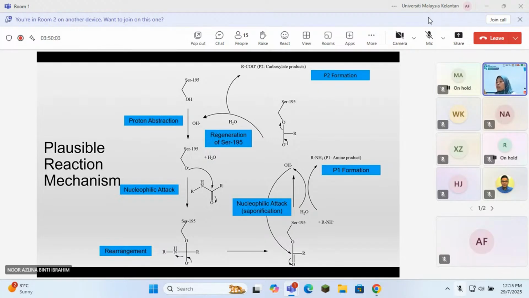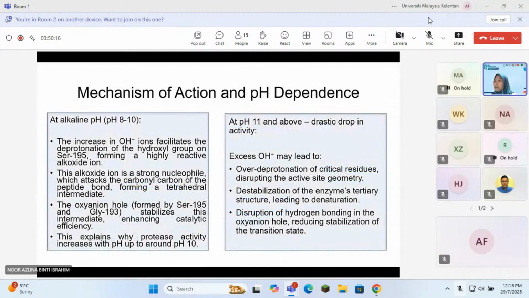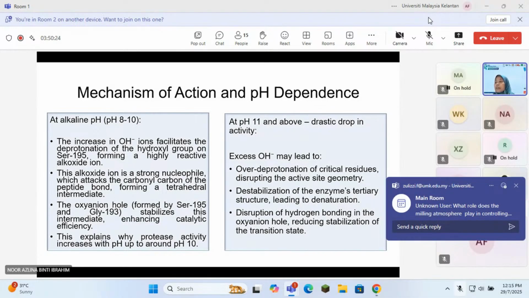I just would like to focus on why it drastically drops, because the OH ions may overprotonate, overprotonating the critical residue like serine and disrupting the active site geometry.